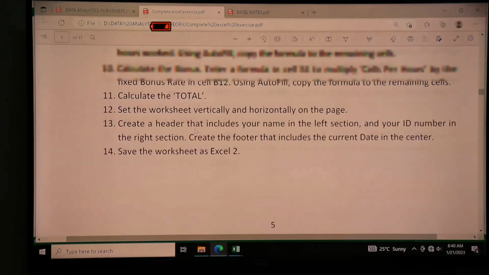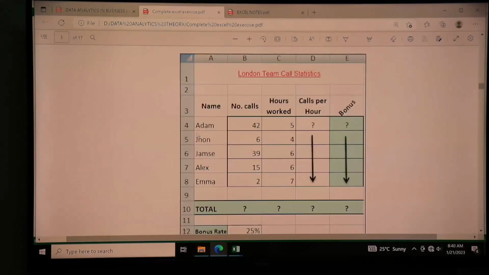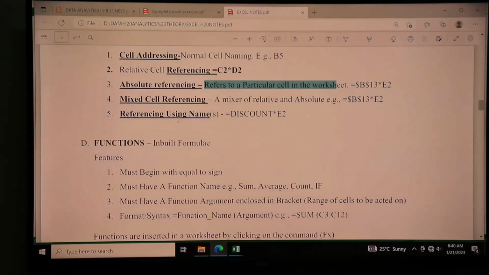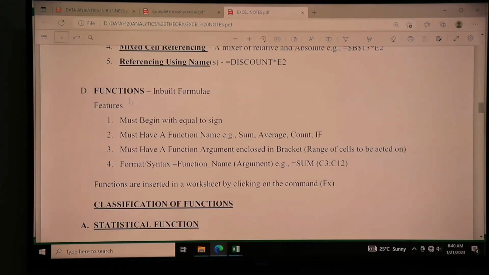But before we attempt exercise 3 and 4, I introduce you again to the next part of our discussion, that is functions, which we said that functions are inbuilt formulas. These are the formulas that are already in Excel. And these formulas, you insert them, they follow this syntax, must start with an equal sign, must have a function name.